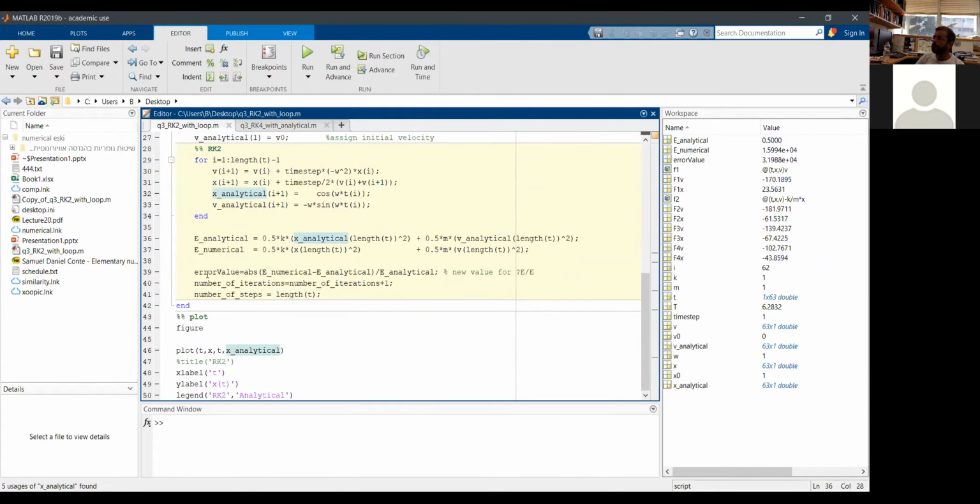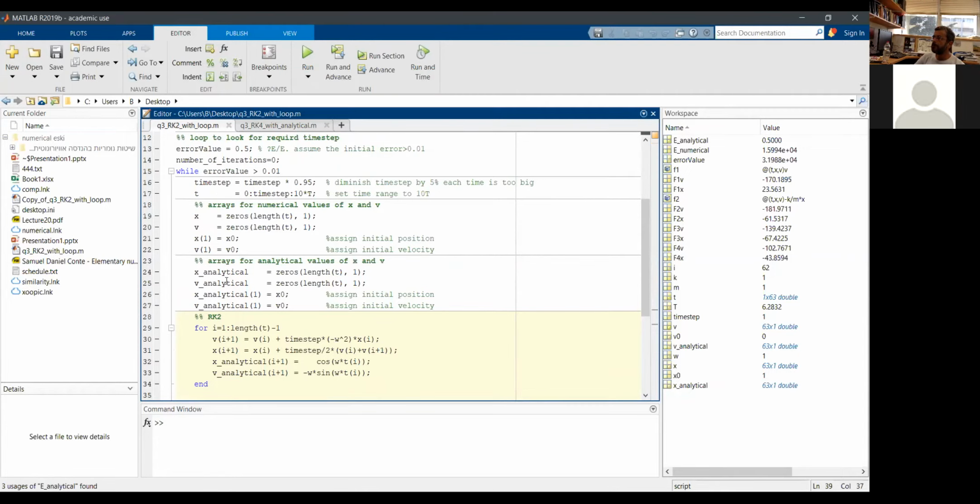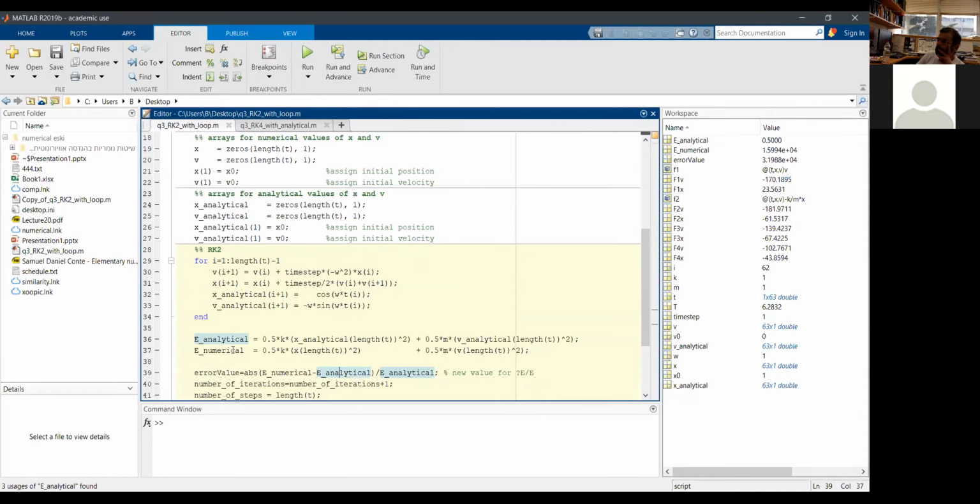Then I check the error value: I take the difference between them and divide it by the analytical solution. Correct. So why am I not getting the results that I was expecting? I couldn't see it.